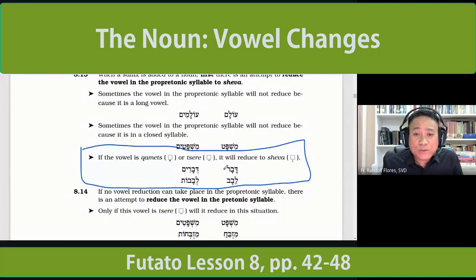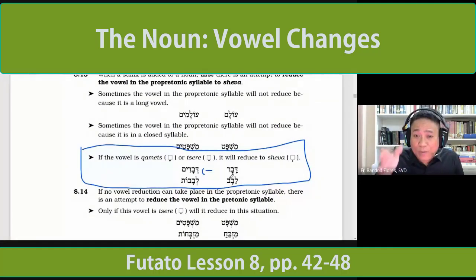So what you do is reduce the vowels, so that davar becomes devarim. And according to the rule, the open syllable here, propretonic, becomes shewa. It's reduced. So the plural of davar is devarim.